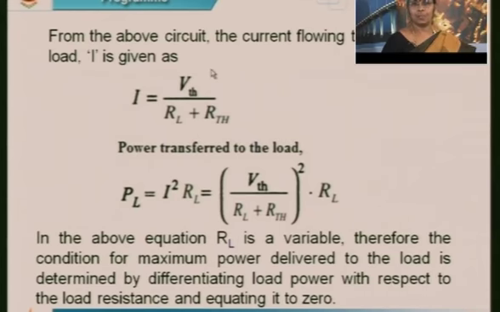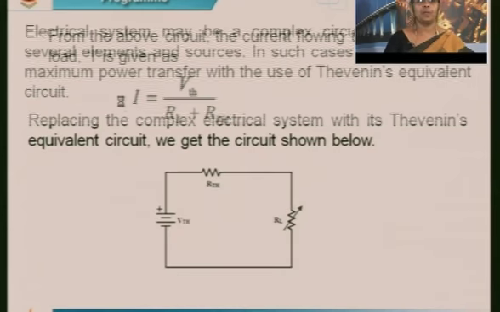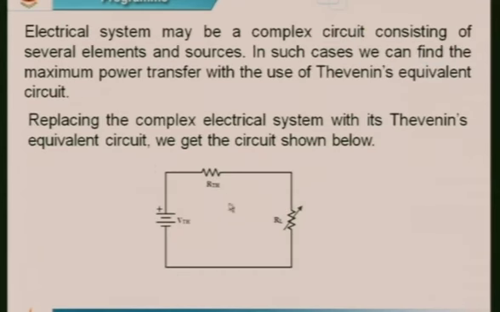So from that circuit, if you go back to the previous circuit here, you can find out the current that is flowing through the load. What is it equal to? If you apply Ohm's law, these two resistors, R Thevenin and RL, are in series. So the total resistance of this loop is R Thevenin plus RL, and to this loop a voltage of V Thevenin is applied.